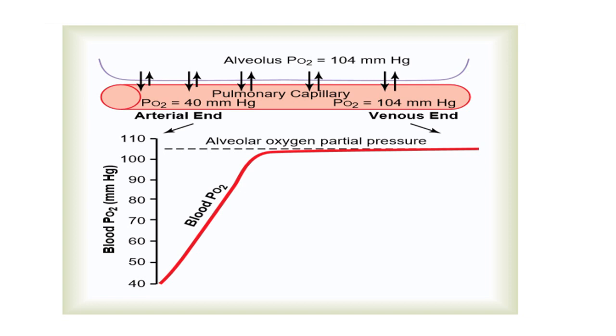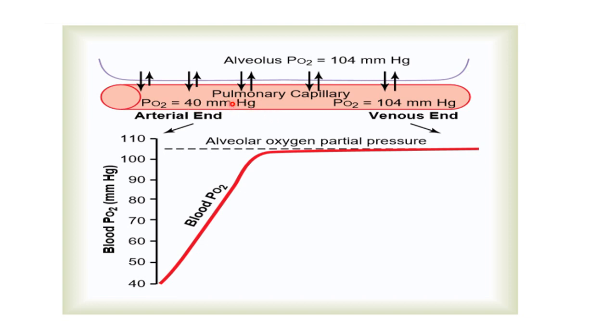This is the graphical representation of the previous discussion. Here you can see the diffusion of oxygen from the alveolus to the pulmonary capillary at the arterial end, and this is all due to the partial pressure difference, that is 104 and 40 mmHg. So the oxygen will diffuse from the alveolus to the pulmonary capillary.